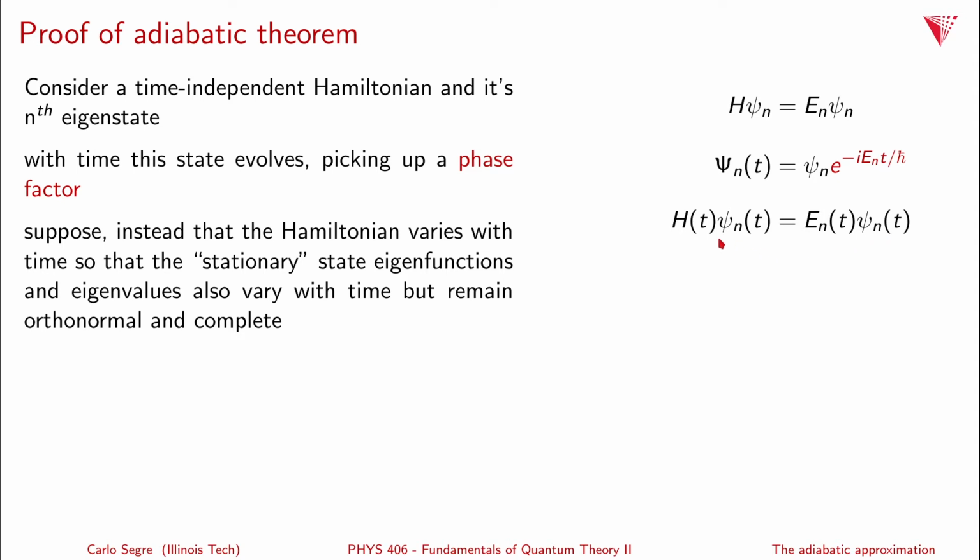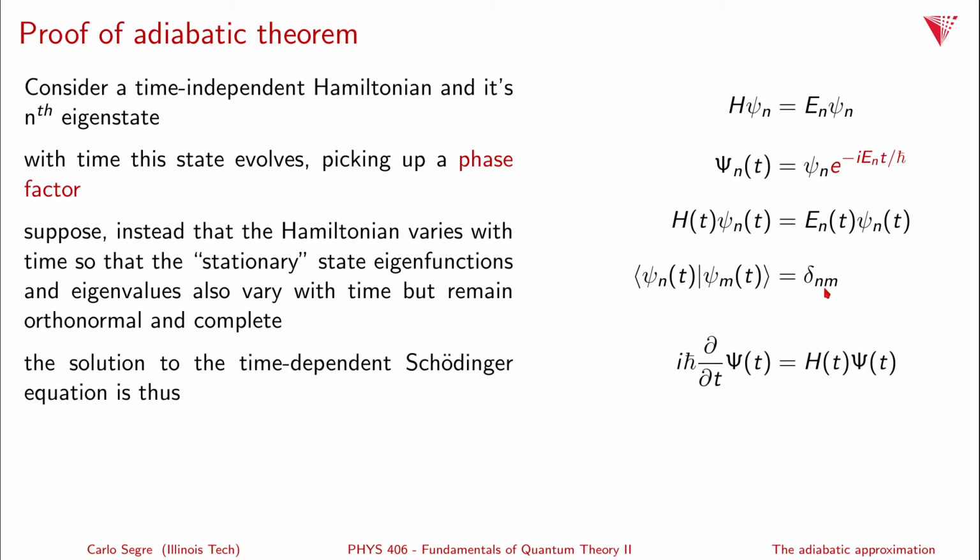But we're going to say that all the way through this variation, the different eigenstates remain orthonormal and complete, even while they're changing with time. And this time dependence is going to be slow. So because these remain orthonormal, we can write the inner product of psi n of t with psi m of t is equal to delta sub nm.